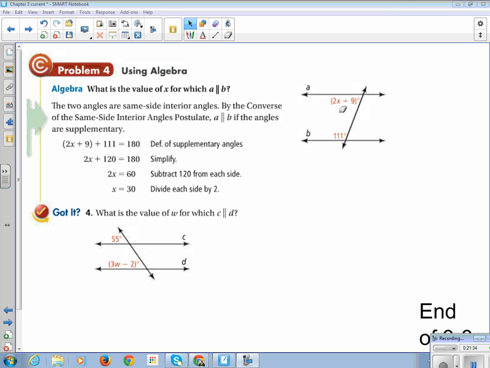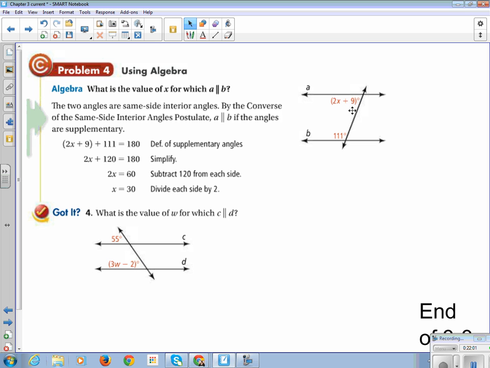So this angle here and this 111 here, are they supplementary or are they congruent? The way I tell is, I take a look at, is this acute or obtuse? This is acute. Is this acute or obtuse? Obtuse. If it does not look the same, definitely is not.